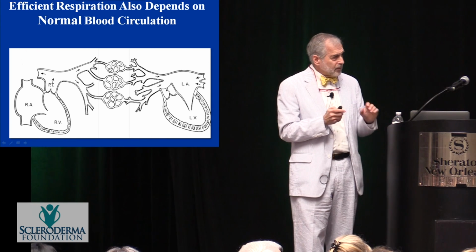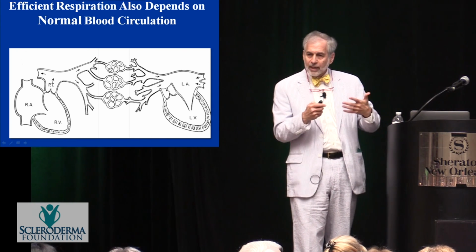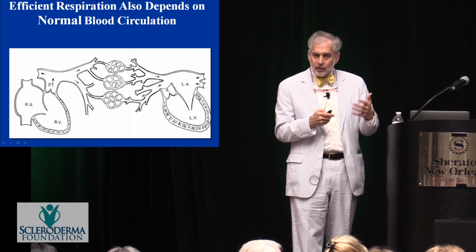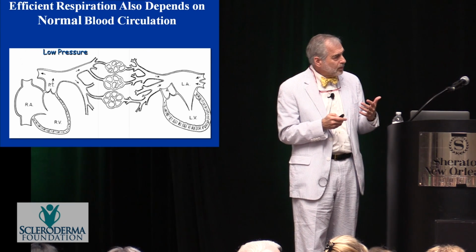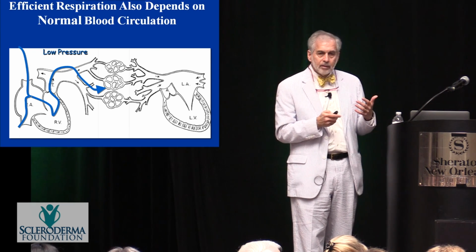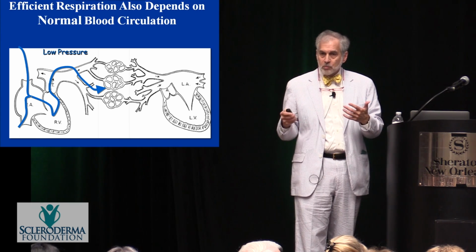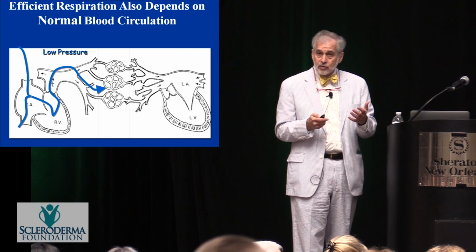Here we've taken the heart and split it into two parts, the right side and the left side. RA is right atrium, RV is right ventricle, and the right ventricle pumps deoxygenated venous blood that comes back to the heart. The right ventricle pumps it then to the lungs.